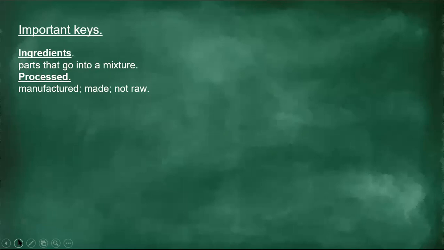It has been manufactured, it has been made, processed. Materials are resources, a stock or supply of something, okay? They are the things that we stock, the things that they supply us.